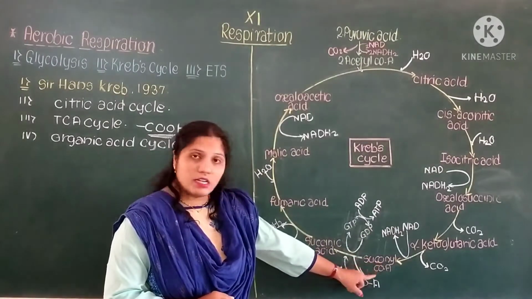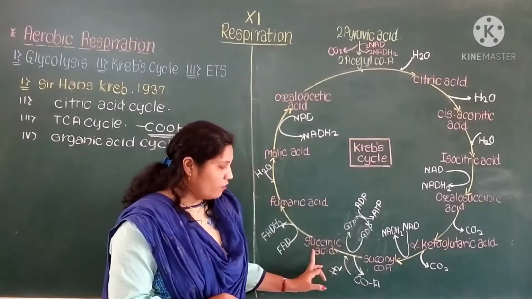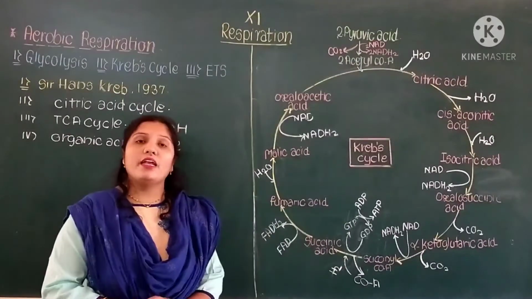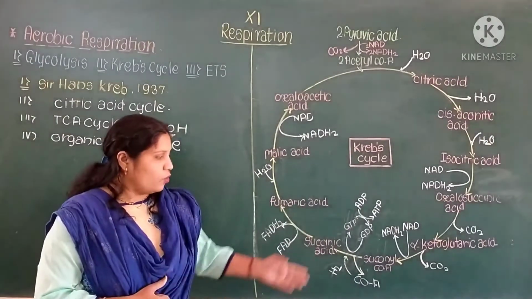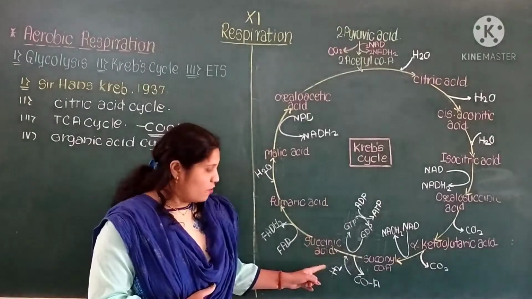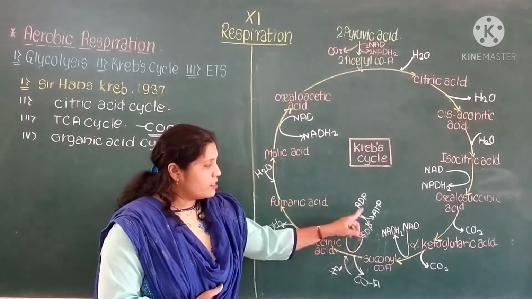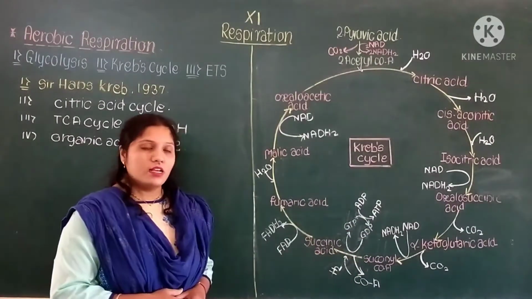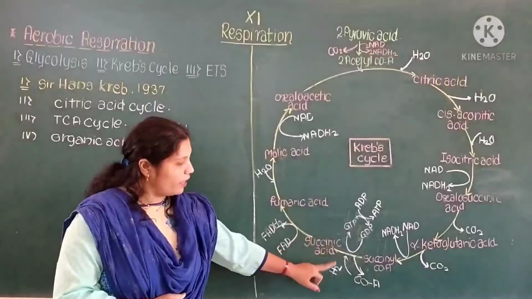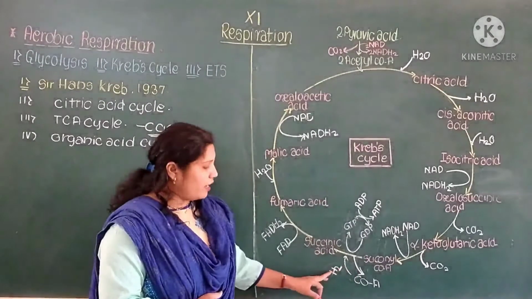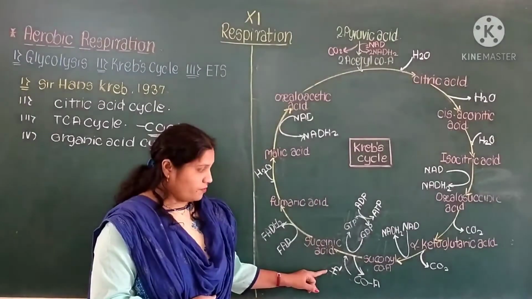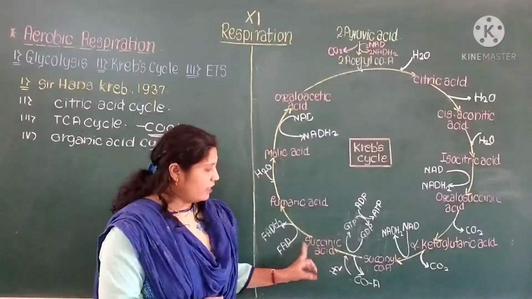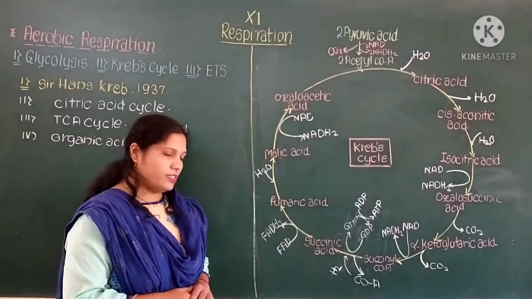Then this succinyl-CoA gets converted into succinic acid. This is known as the ATP formation stage. Here there is a formation of ATP. The coenzyme gets removed and the hydrogen molecule enters, and then succinic acid is formed.